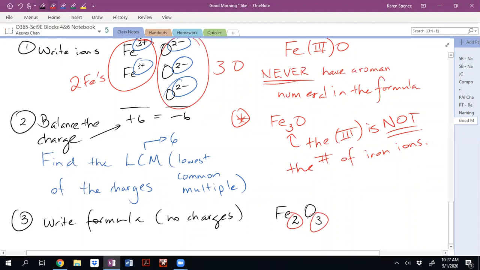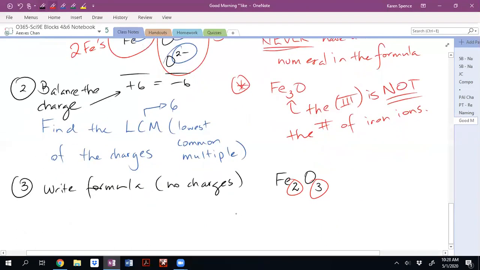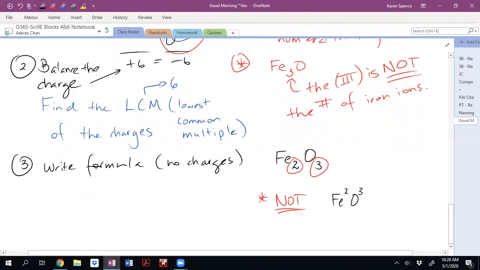Okay, and make sure again that you're writing these as subscripts. So other things not to do, you're not going to write it as Fe2O3 with the numbers up top. The numbers have to go at the bottom.